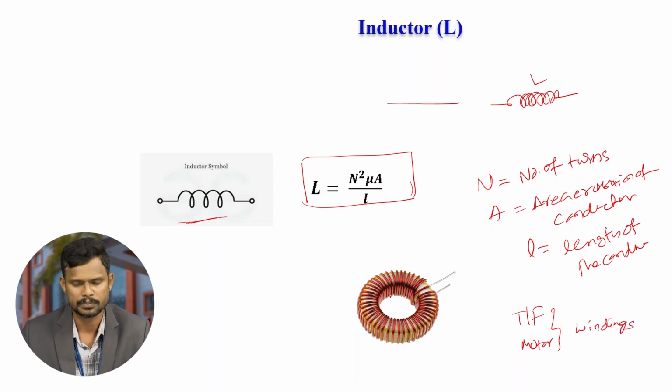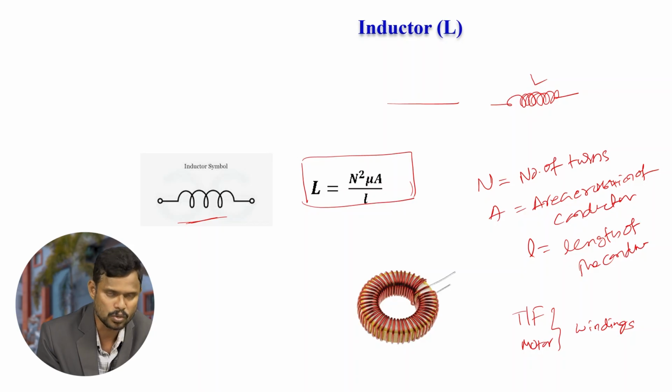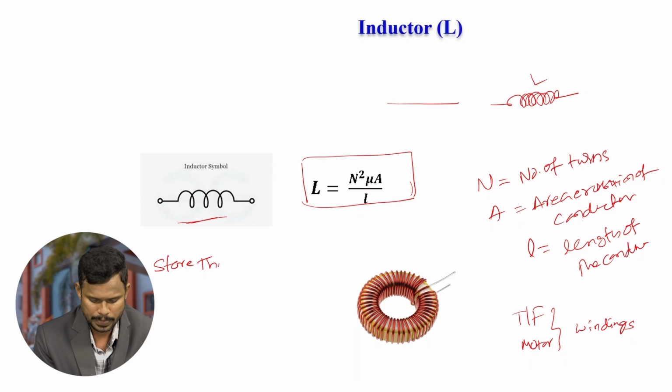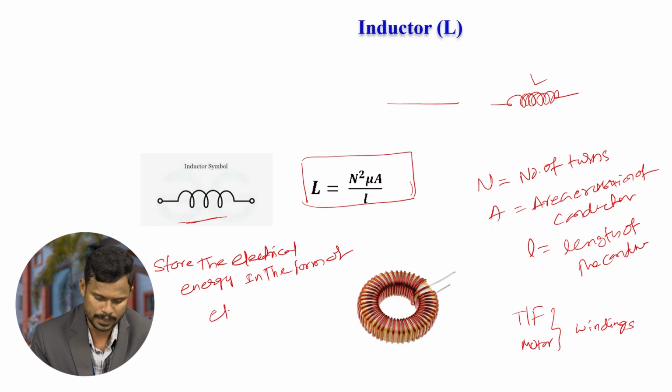An inductor is an energy storing device. It does not dissipate electrical energy; it stores the energy. The inductor stores the electrical energy in the form of an electromagnetic field.